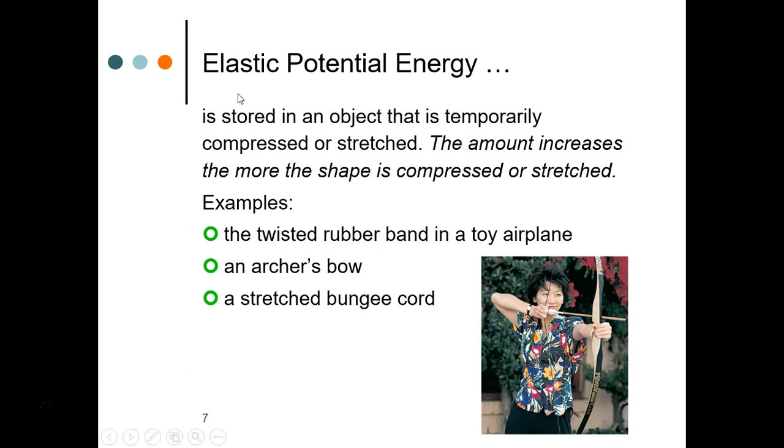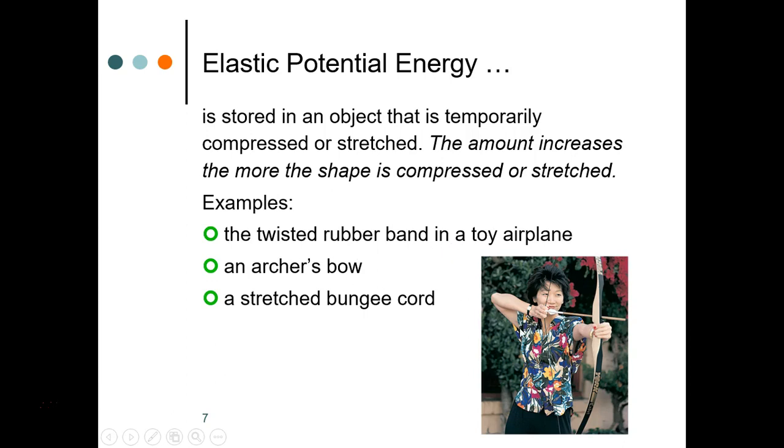We have elastic potential energy, and this is stored in an object that is temporarily compressed or stretched. And the amount of energy stored in that mechanism increases the more the shape is compressed or stretched. Now, I want to stress that this temporary situation is important. For example, the twisted rubber band in a toy airplane has the potential to unwind and move the propellers of the plane.